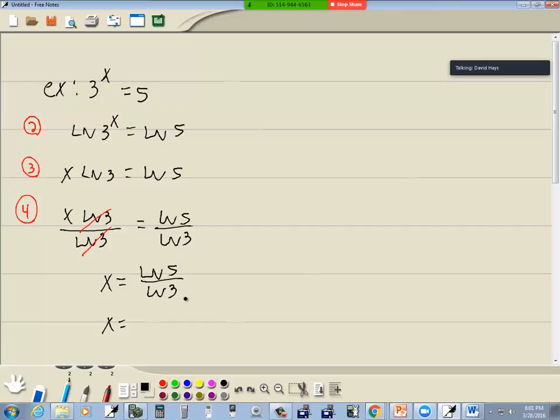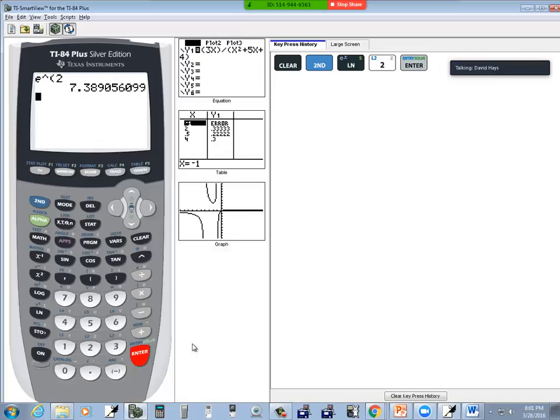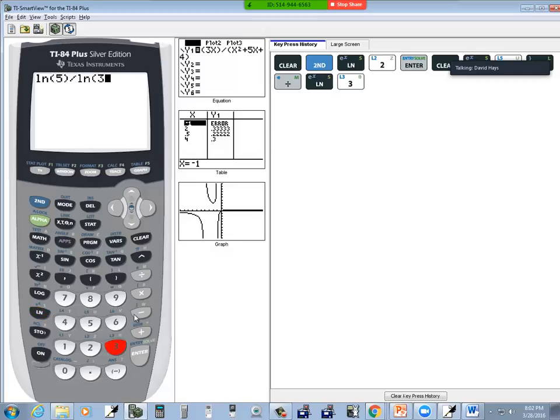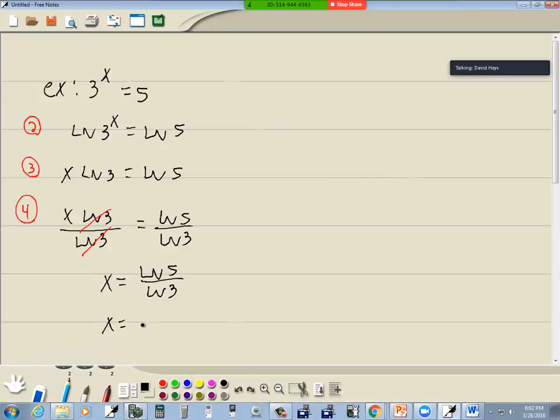But we can plug that in the calculator. So if I push my ln button right here, I put in 5, and I'll put a closing parenthesis, divided by ln and then 3 in closing parentheses, and then press enter. To 2 decimal places, that would give us 1.46.